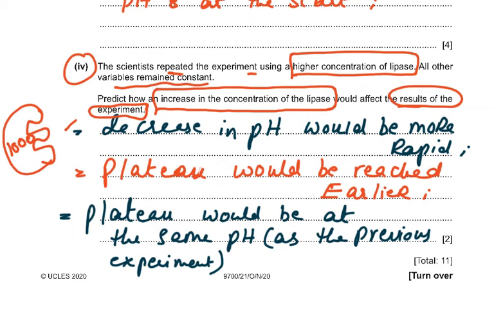They didn't say how much, but they said a higher concentration of lipase. So this is how you think, and this is how you read the question, interpret the question and then answer it.